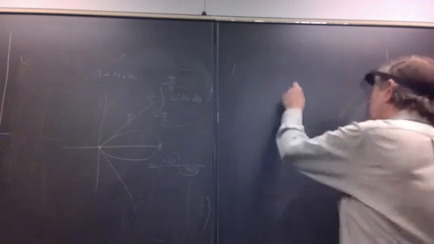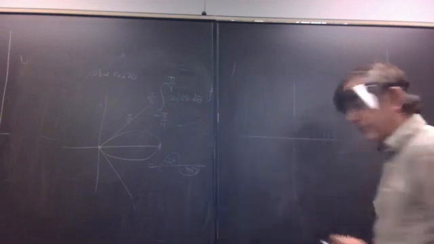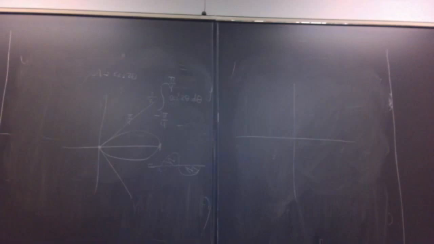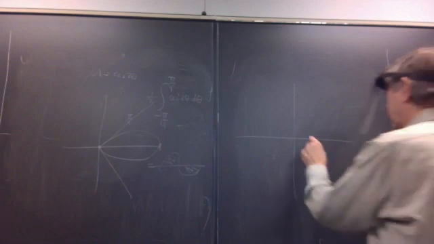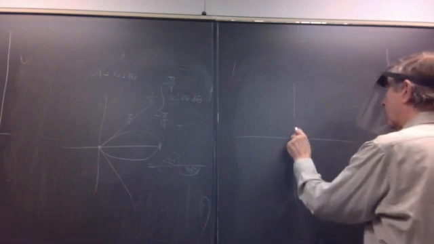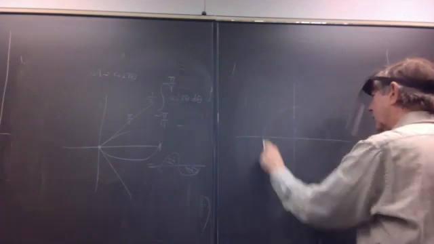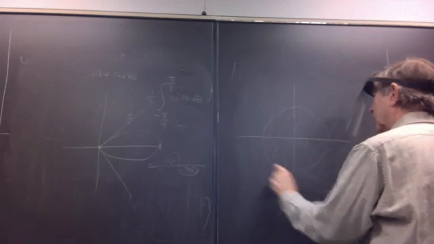Okay. The next example is to talk about the area between two things. And one is a circle of radius 3. I'm not going to be able to draw this like the book does, but basically you have something that's supposed to look like a circle.